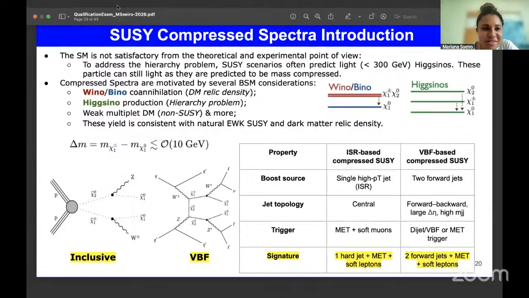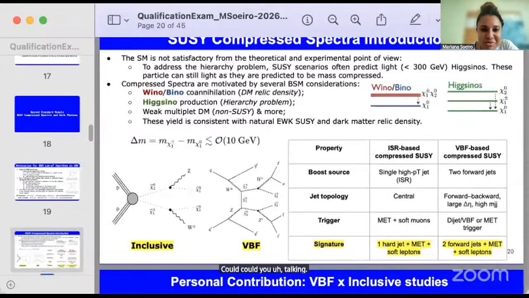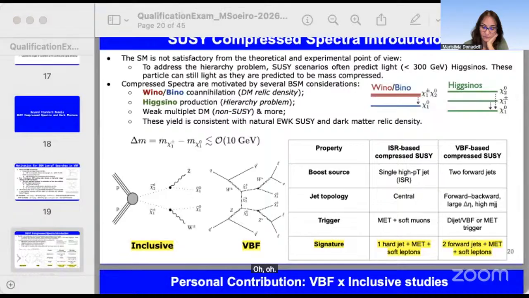Could you tell me the titles, because I don't remember? It is too much information for me. Of course, one minute. Give me the title.